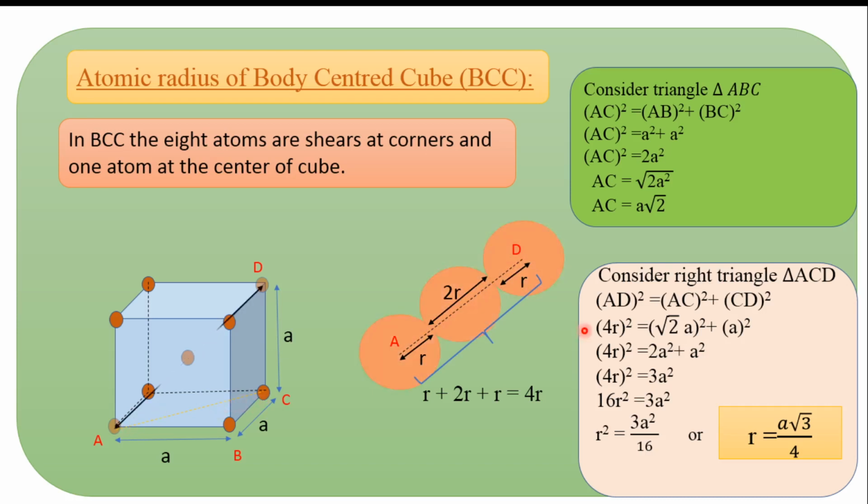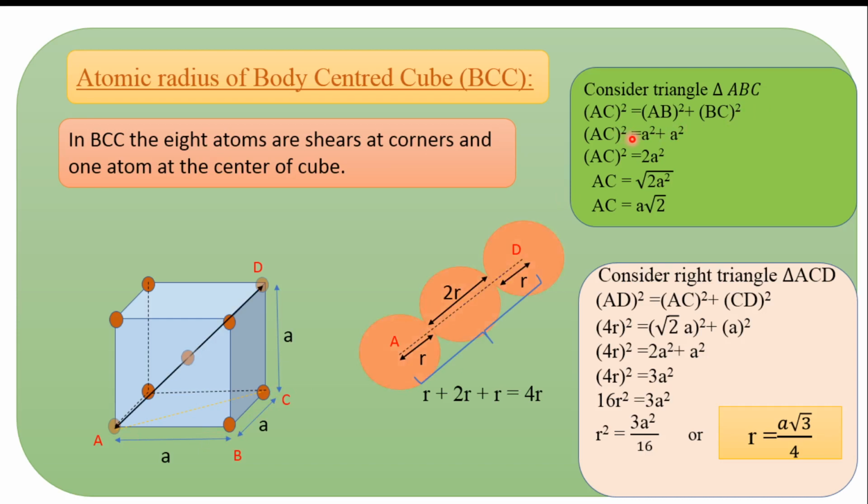That distance we can calculate by considering triangle ABC. So AC square is equal to AB square plus BC square.